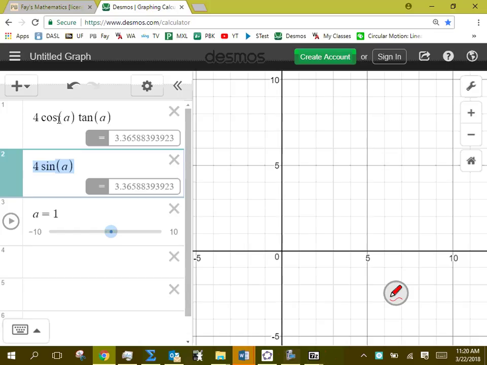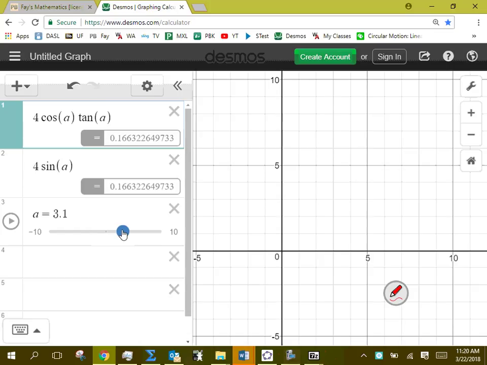And because cosine has a domain of all real numbers, tangent has a domain of all real numbers except for negative pi over 2, pi over 2, and then add pi to those k times. But I should be able to start evaluating these and see if those numbers that I get back are indeed the same, aren't they?